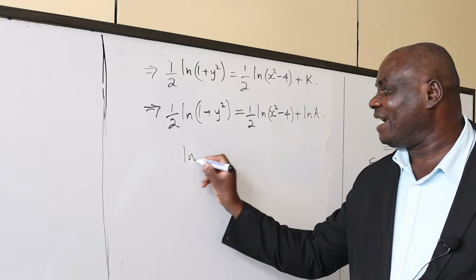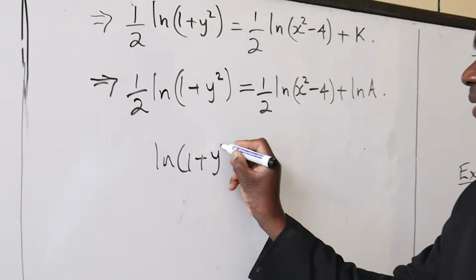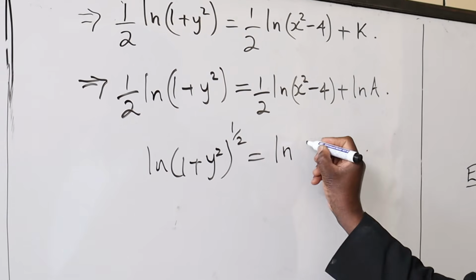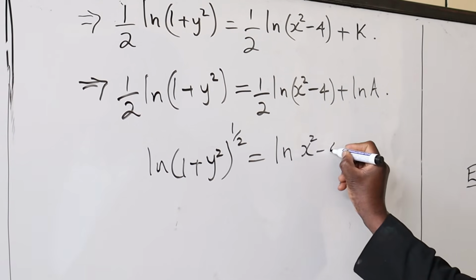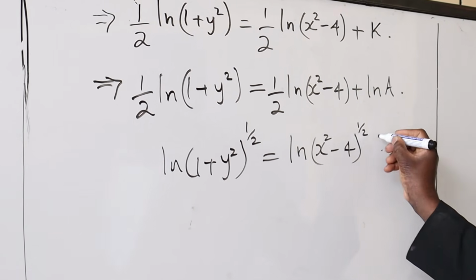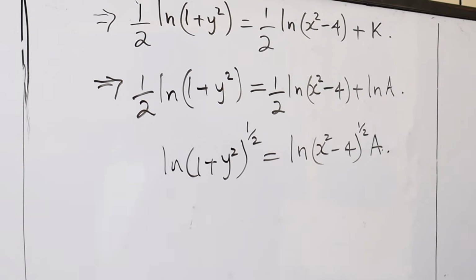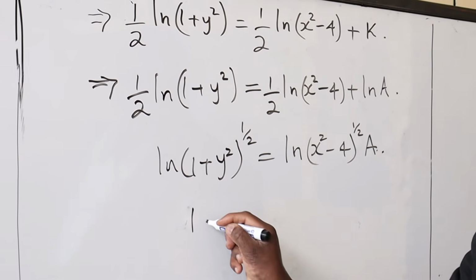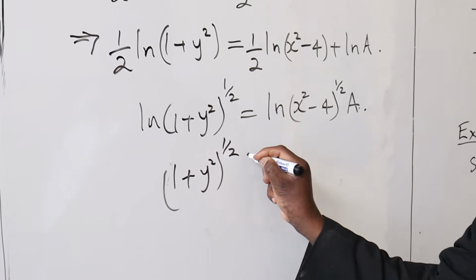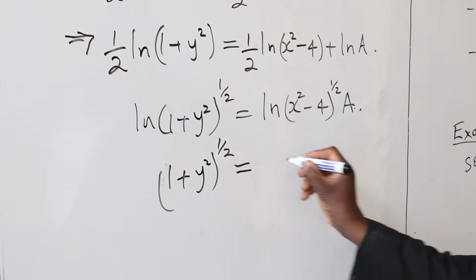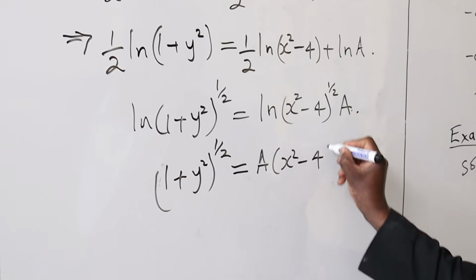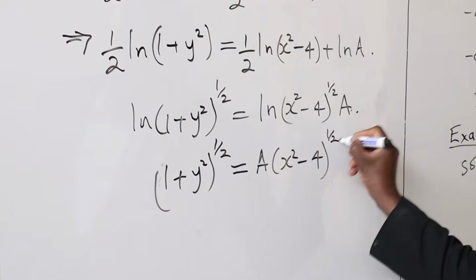This would be equal to ln of 1 plus y squared raised to power half is equal to ln of x squared minus 4 raised to power a half. Now multiplying a, which gives us 1 plus y squared raised to power half will be equal to a into x squared minus 4 raised to power a half.